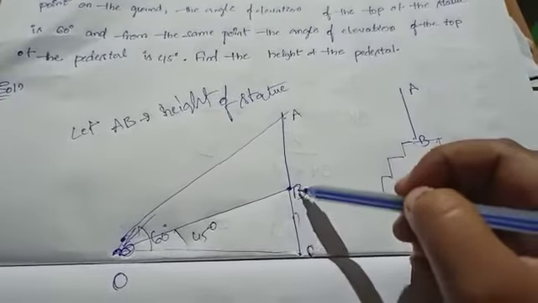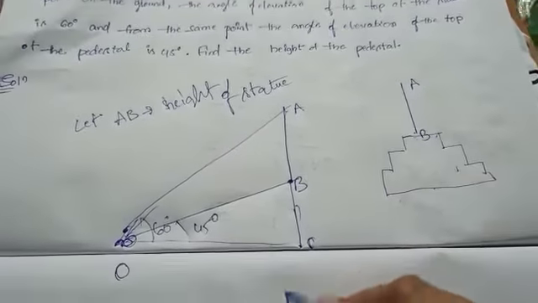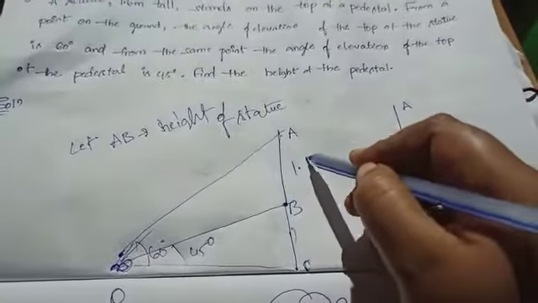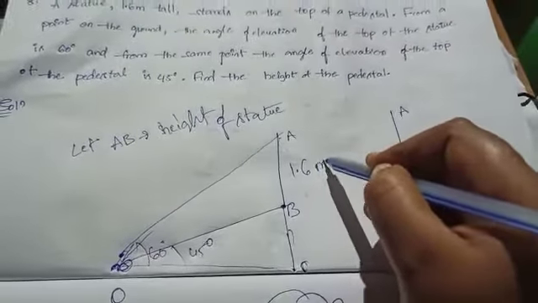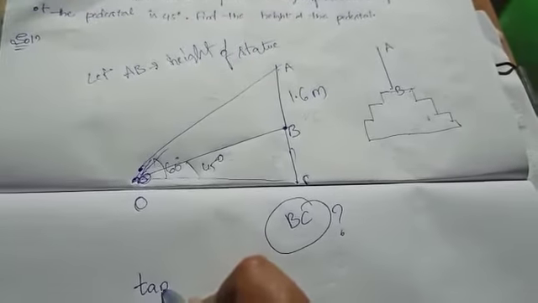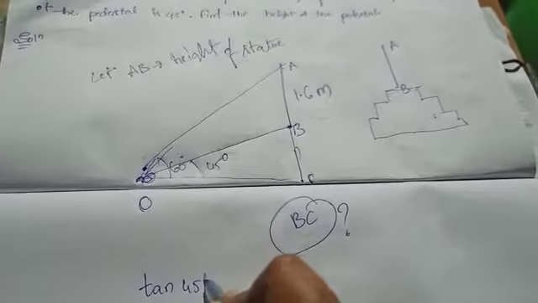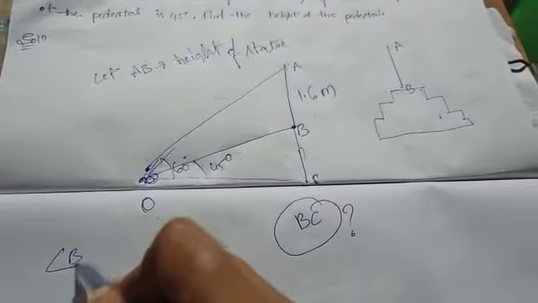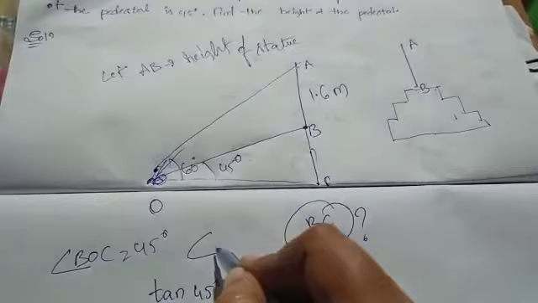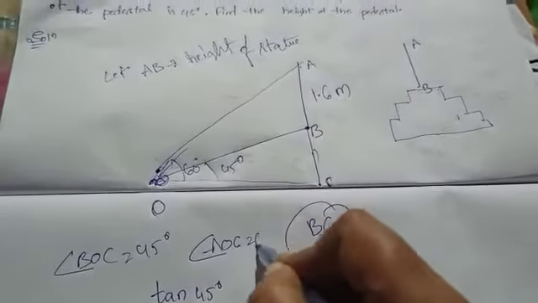You have to find the pedestal height, BC length. Here it is given the statue is 1.6 meters tall. Trigonometric ratio tan 45 degrees. See, angle BOC equals 45 degrees, and angle AOC is 60 degrees.